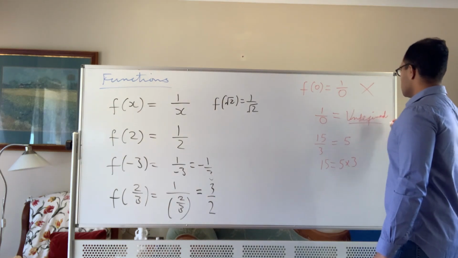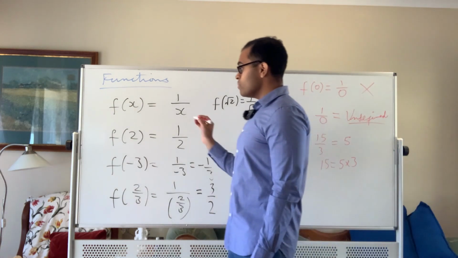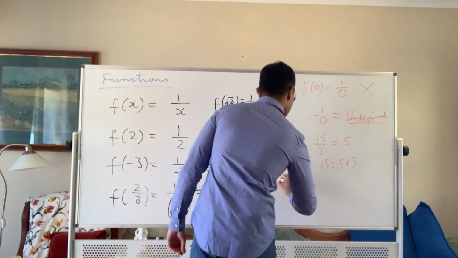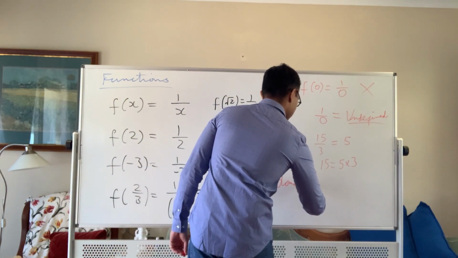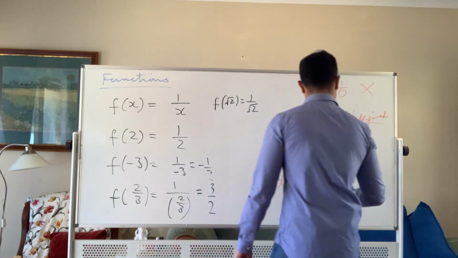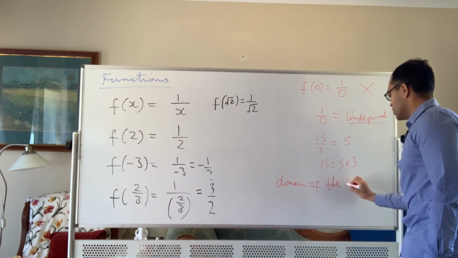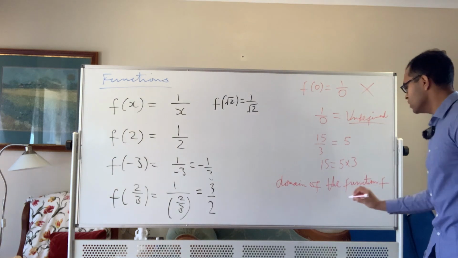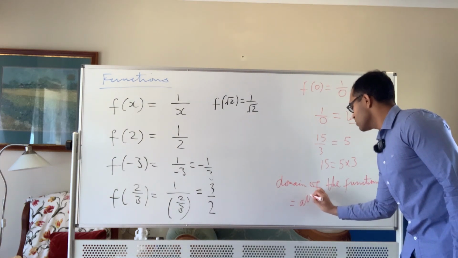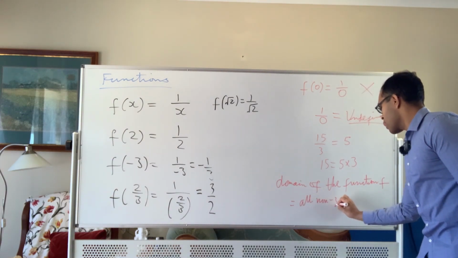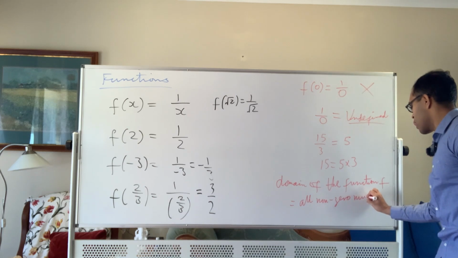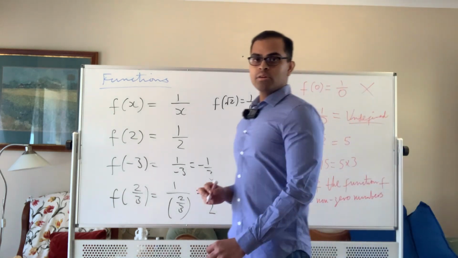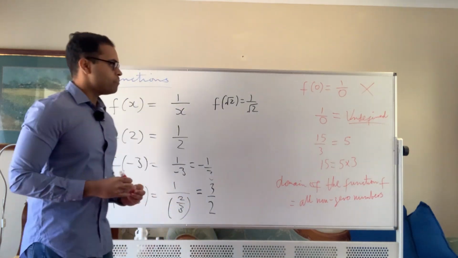And so that means that the domain of f is all non-zero numbers. Here we could write: the domain of the function f equals all non-zero numbers. Okay, so we can write it that way.